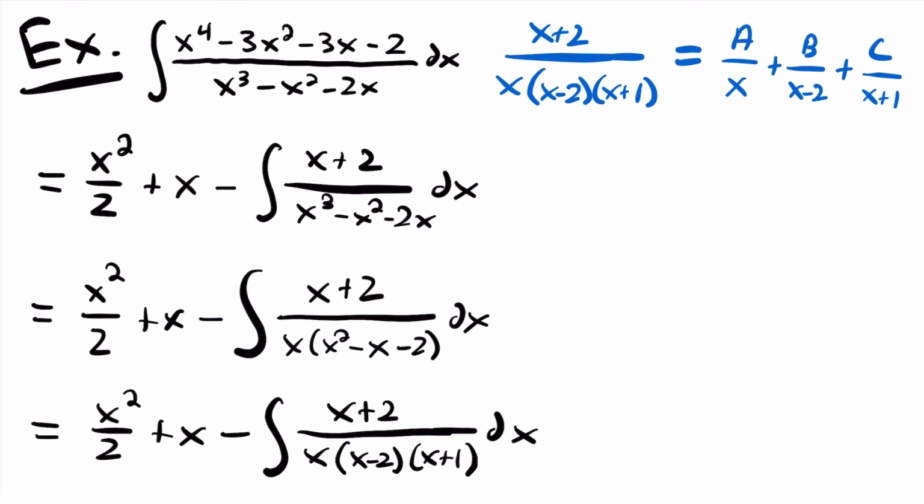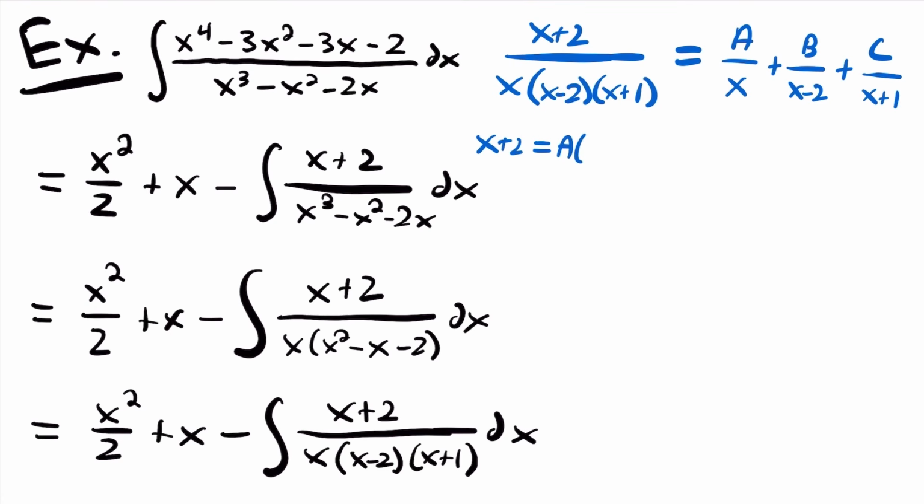Okay? So now we can set the numerator equal to each of these letters times the factor that they don't have in their denominator that would give them the common denominator. So we're going to have x plus 2 is equal to a, and a has a denominator of x, but it needs x minus 2 and x plus 1 to get the common denominator.